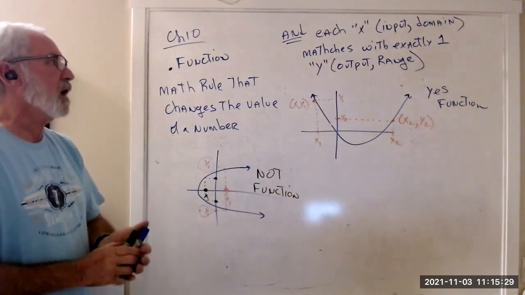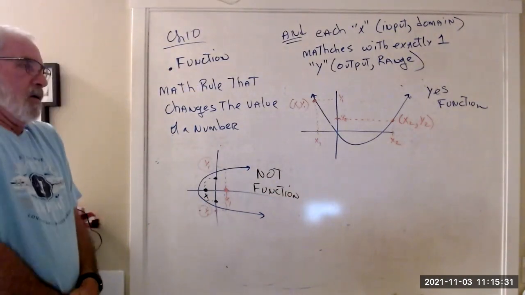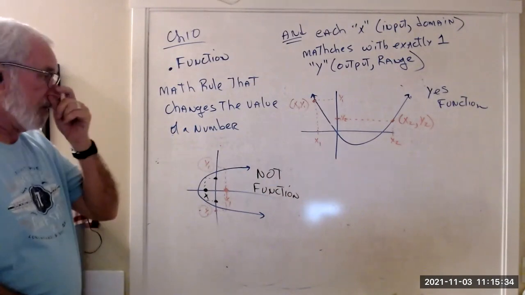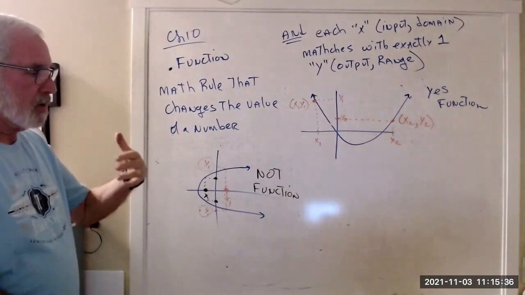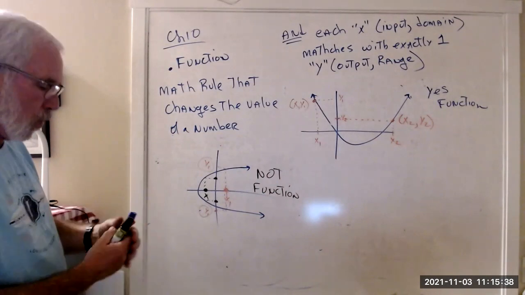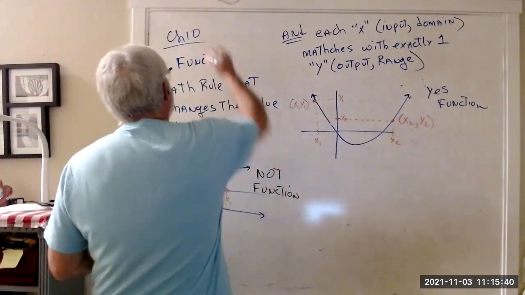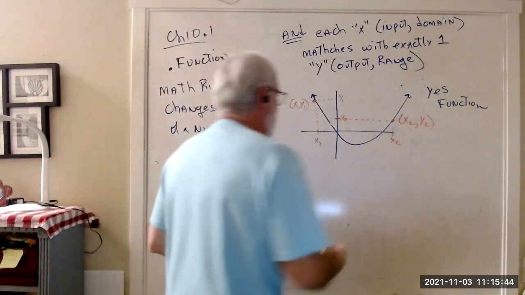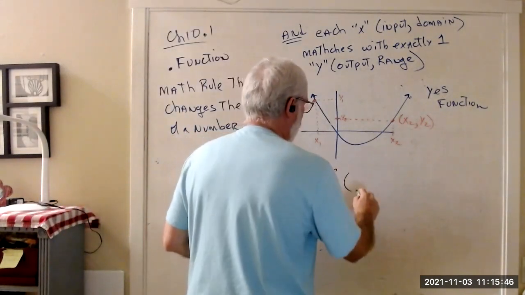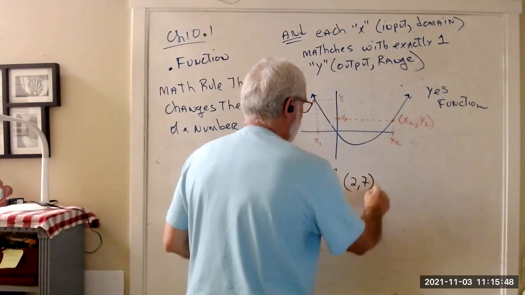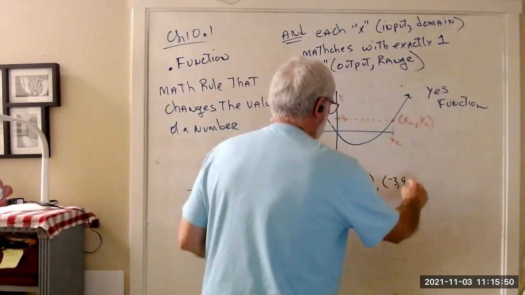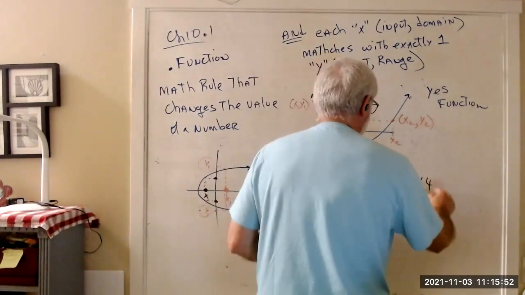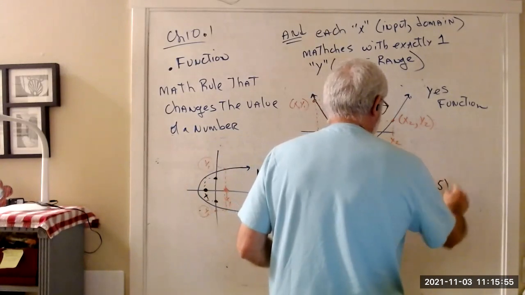What you're going to see in MOM, when you start chapter 10.1, that's what we're in right now, homework, is they may give you a list of ordered pairs: 2, 7, -3, 9, 4, 5.